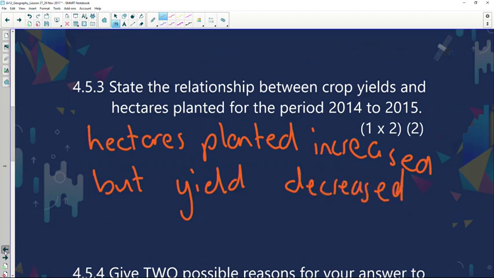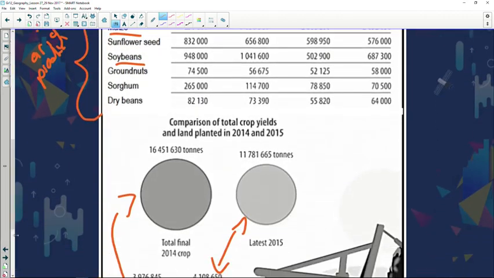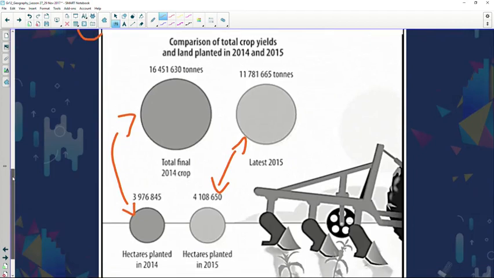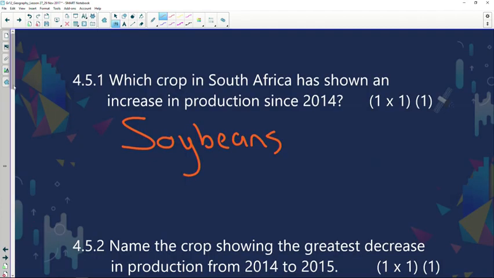If I go back to this graph, more hectares has been planted, so we used more land to plant crops, but less was produced. And in 2014, we planted less, but more was produced at the end of the day. So that's the question that's being asked over there.